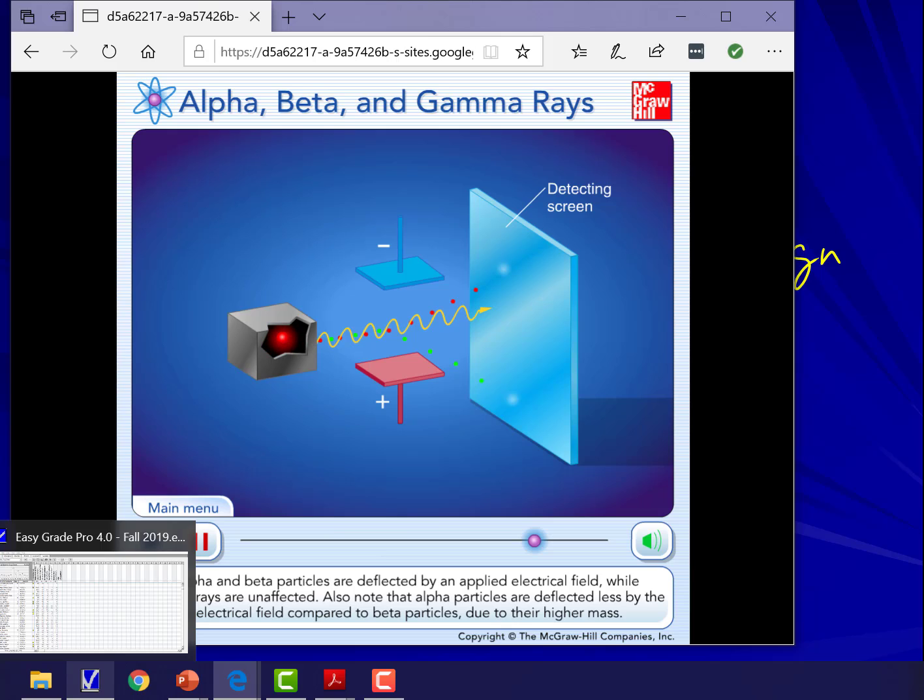It's the same mass as the beta, and it's got exactly the opposite charge, so it's going to turn exactly the opposite direction in exactly the same amount. That make sense? So I expect the positron to be up here. Reasonable? Yeah.